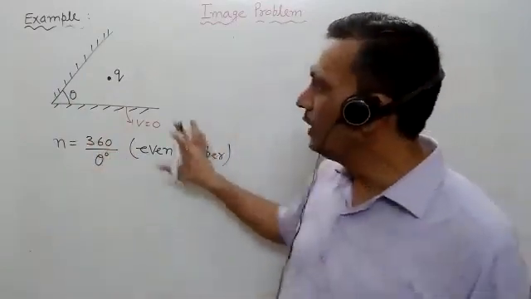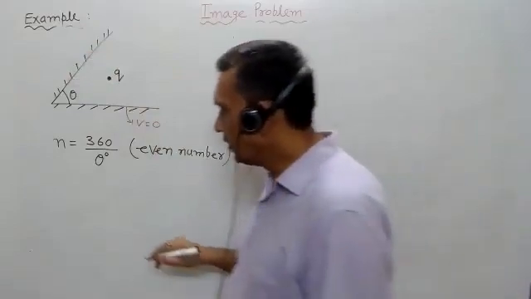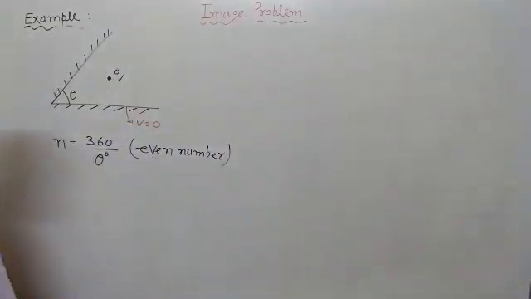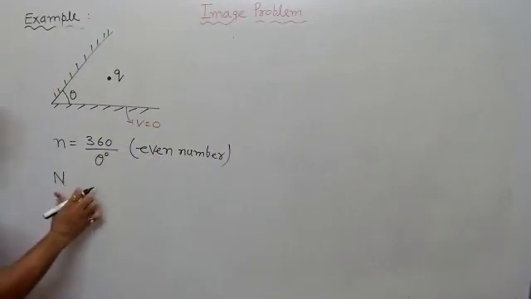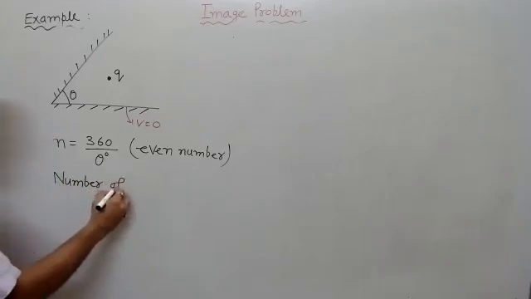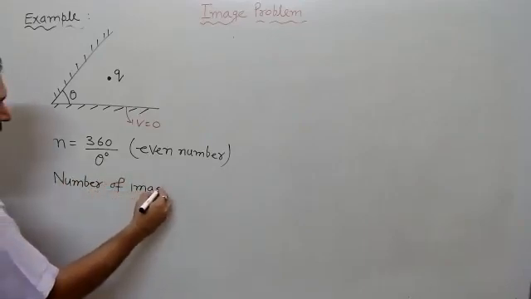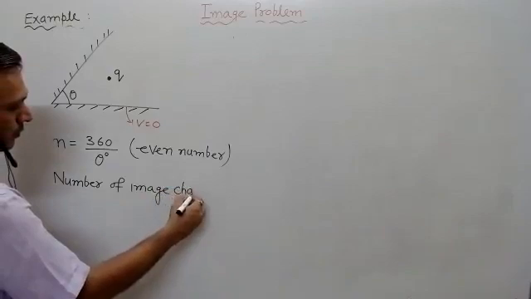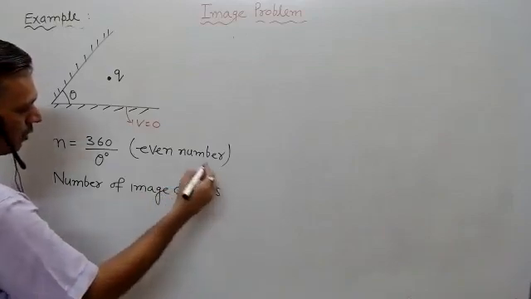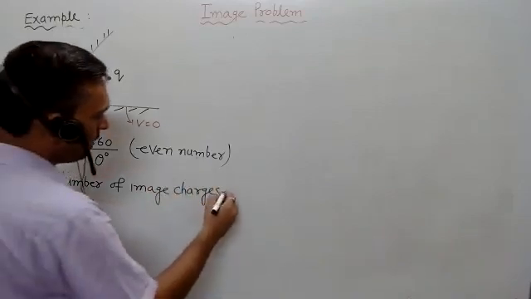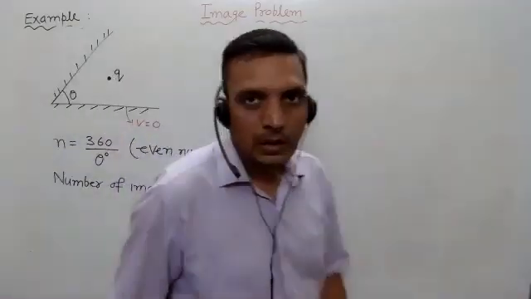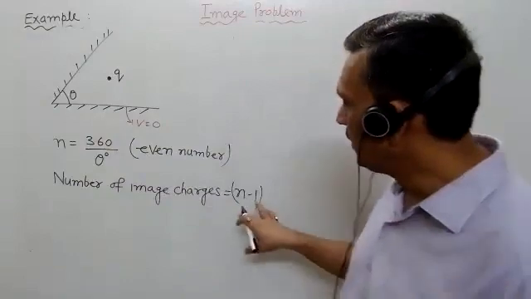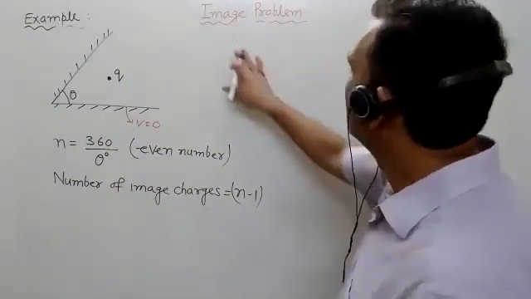So when n is an even number, the number of image charges will be n minus 1.